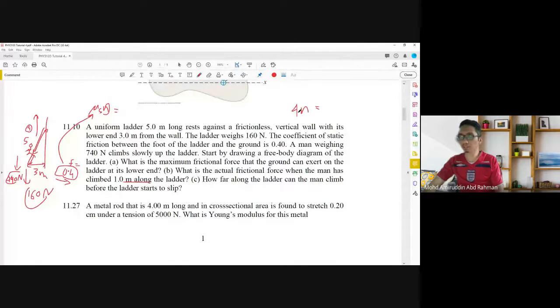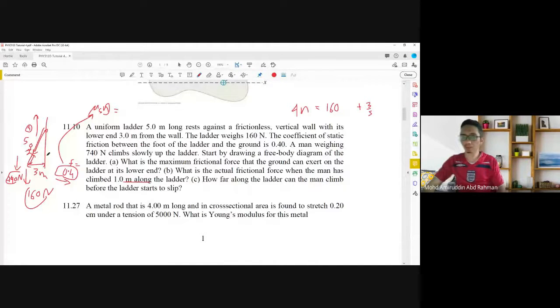Okay, 4 meter times the normal force, and then you have the weight of the ladder, times 160 Newton, plus 3/5.